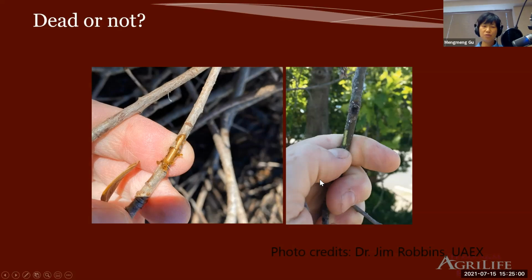But of course, for palms and some of the tropical looking ones, when they don't have stems like this, it's hard to tell. And the only thing that you could really do, and that's what we recommended for folks, is just wait.